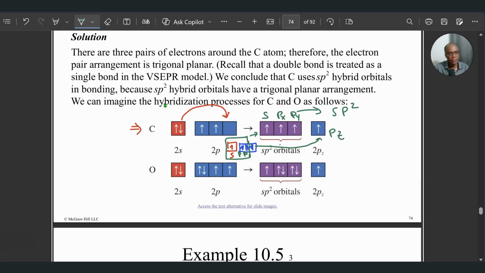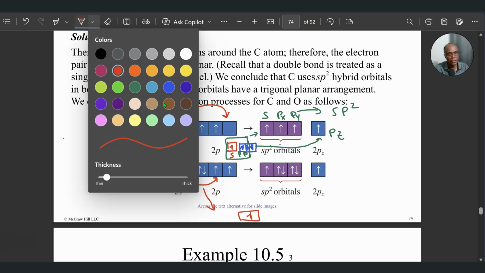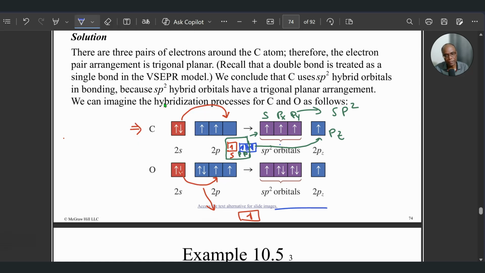For oxygen, similar thing. Oxygen needs to have 2 lone pairs, and it bonds to one atom, so it just needs one orbital free. So this electron is going to be promoted there. When that happens, you'll temporarily get the s with 1 electron, and then the p with the 3 boxes will have 2 boxes paired up.